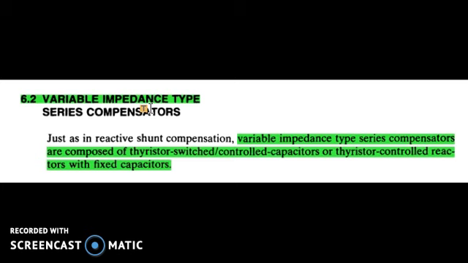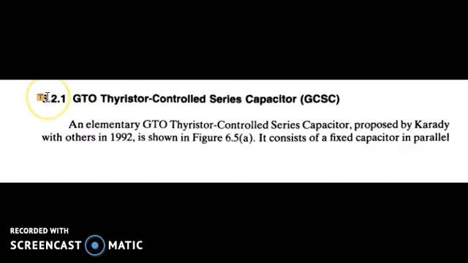We are compensating the inductive reactance in the transmission line by adding a variable capacitive reactance into the system, so basically we are varying the impedance of the entire transmission line. One of the most common examples of the variable impedance type series compensator is the gate turn-off controlled series capacitor, in short GCSC.